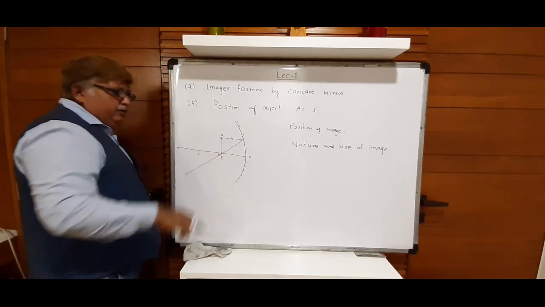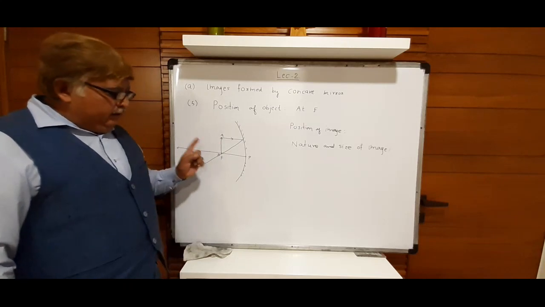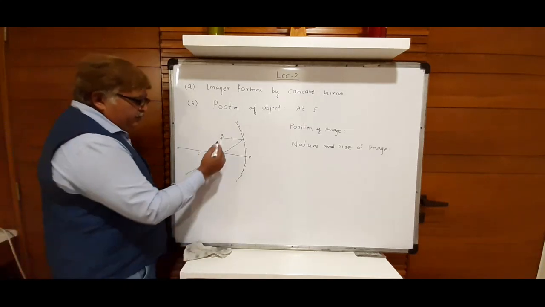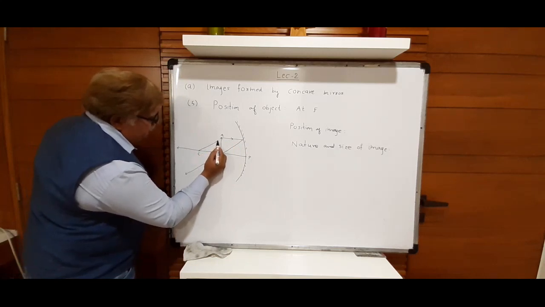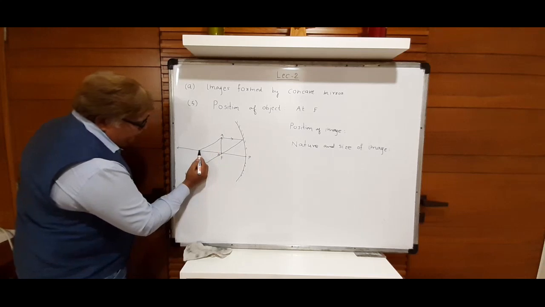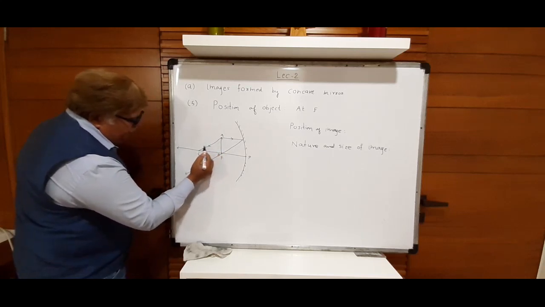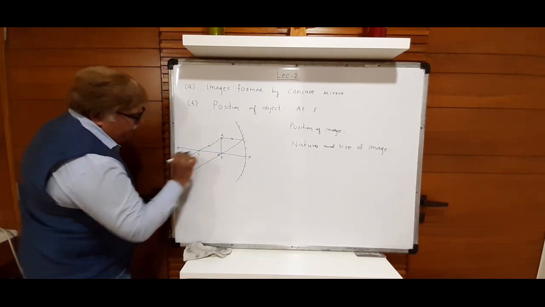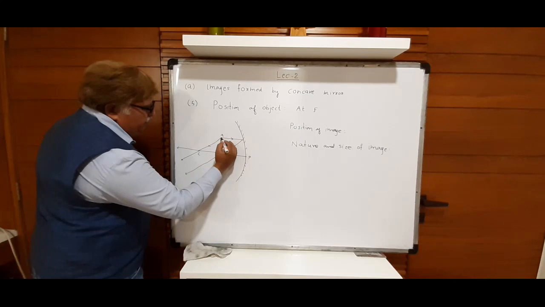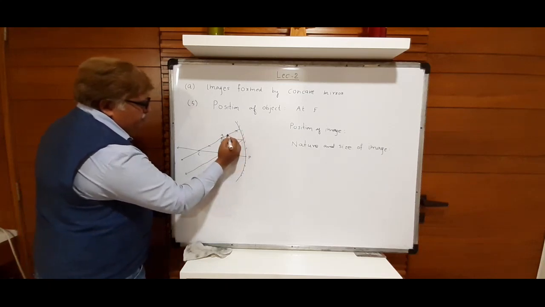Second ray we can't utilize passing from focus because the object is already resting at focus. So the second ray we have to utilize this. Passing from center of curvature, draw with me. Passing from center of curvature will reflect back, means retraces its path.